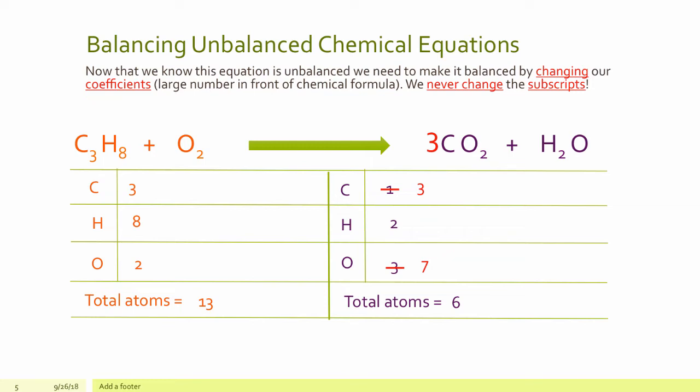So the next thing I'm going to do is balance those O's. Let's see. I'm going to do that by adding a 4 in front of my H2O. And this is going to do a couple things for me. It's going to, 1, change my H's. I have a subscript 2 here on my product side, and then now I have a coefficient of 4. So multiply those out, and I have 8.